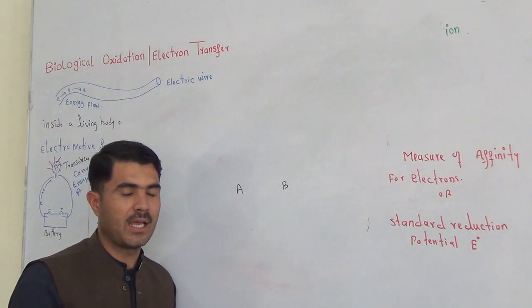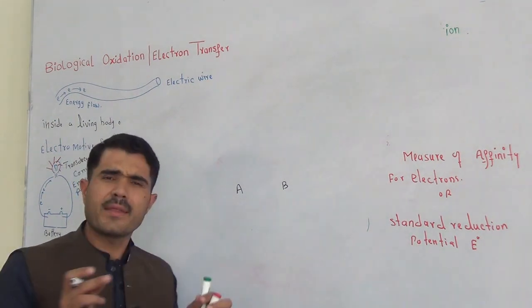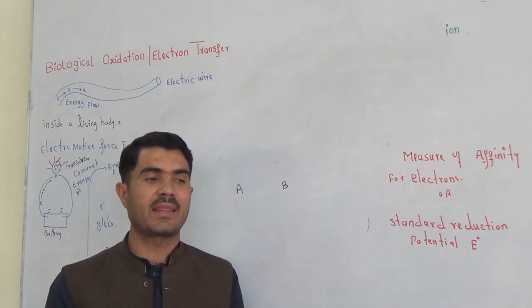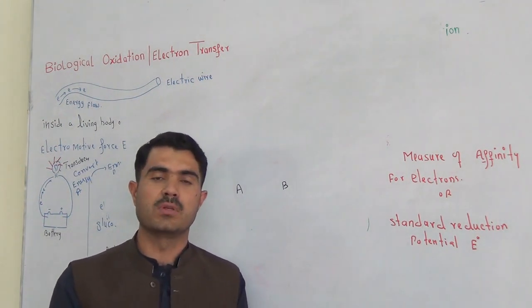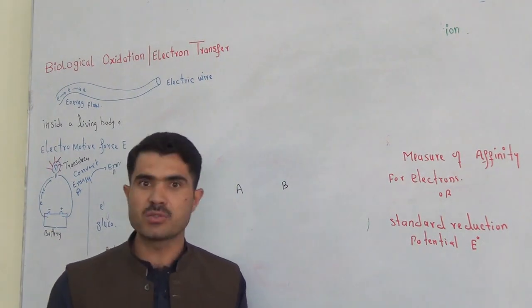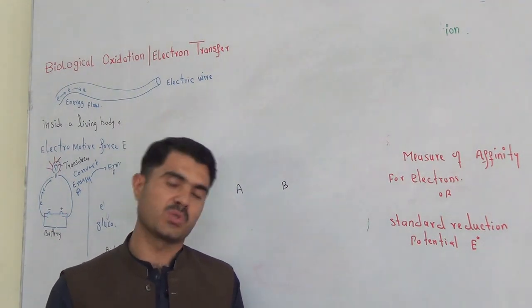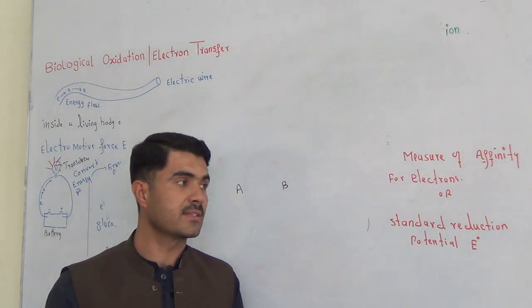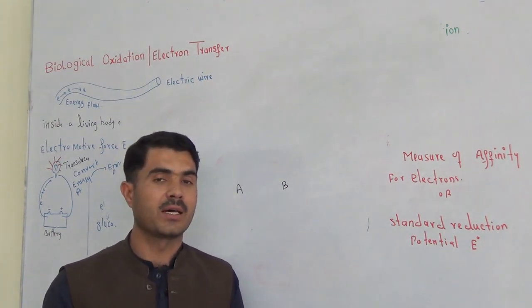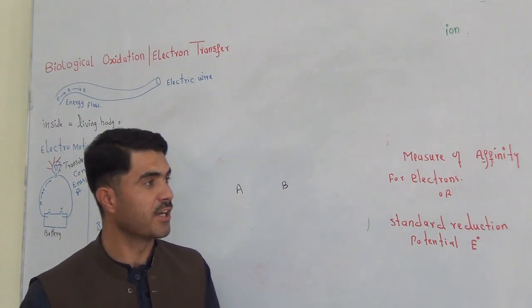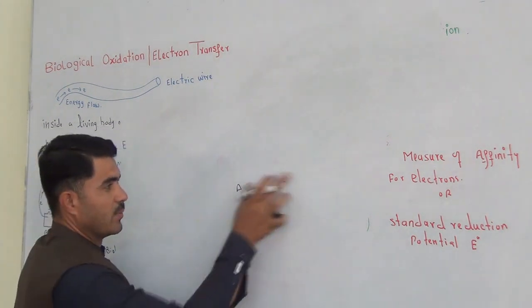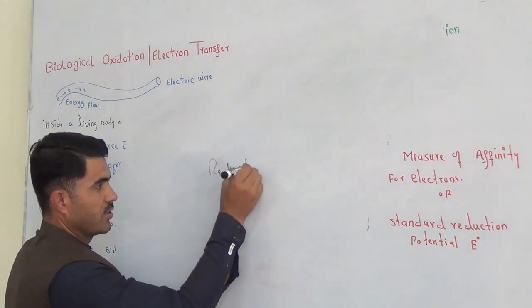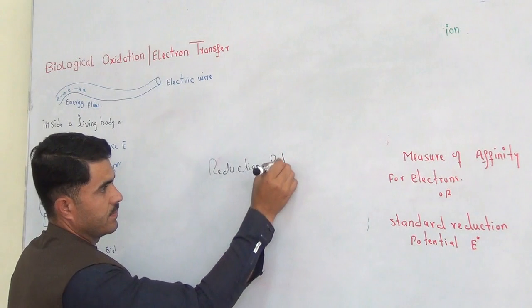Right? Then how will we find, and this is now the most important question, which atom or molecule has strong affinity to get electrons and which has less affinity? We will understand this topic with the help of the standard reduction potential. So here is the word reduction potential.